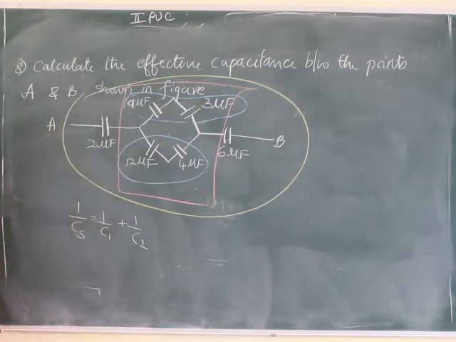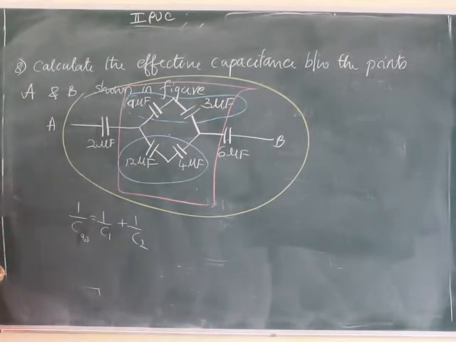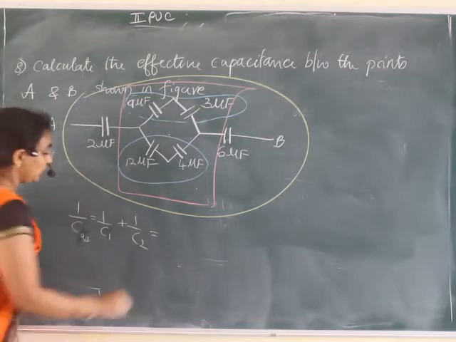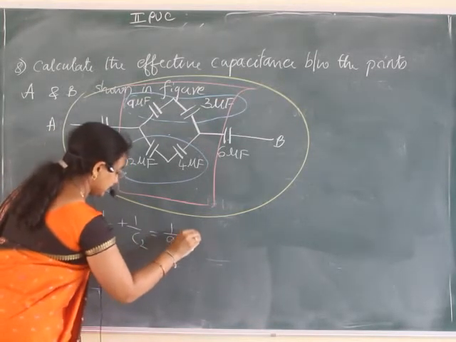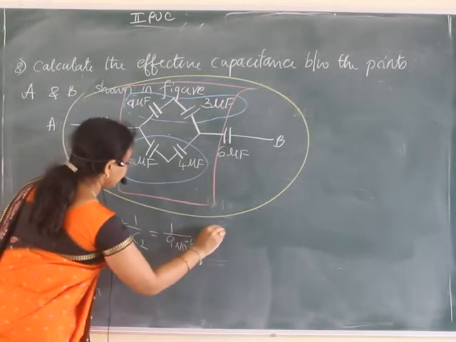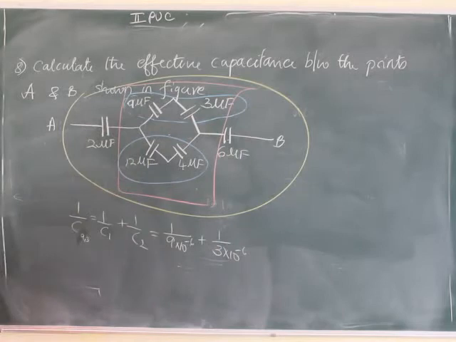Cs for which two we will calculate? 9 and 3. Correct? 9 micro and 3 micro. Okay. 1 by 9 into 10 to the power minus 6 plus 1 by 3 into 10 to the power minus 6.